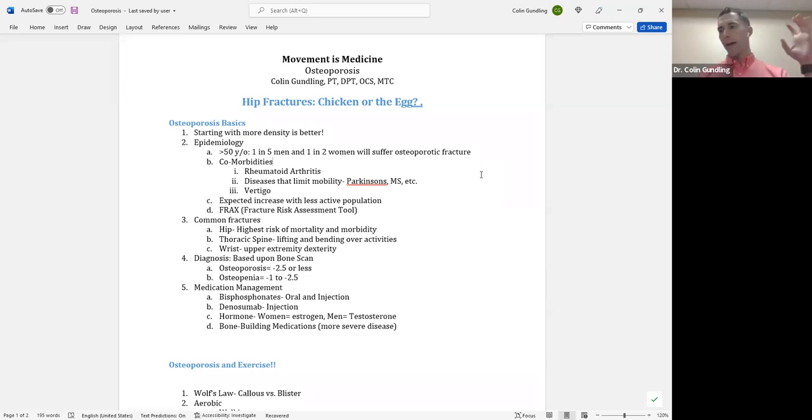It's not like it inhibits our enzymes or osteoclasts, osteoblasts, things that change the makeup of the bone.